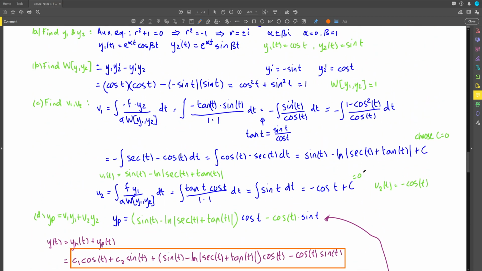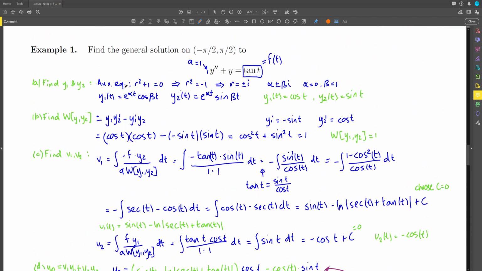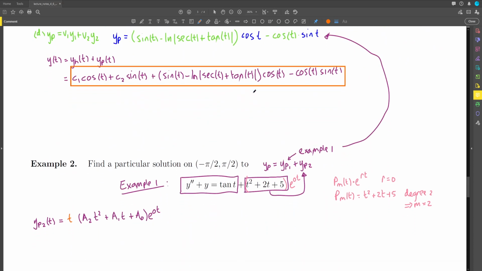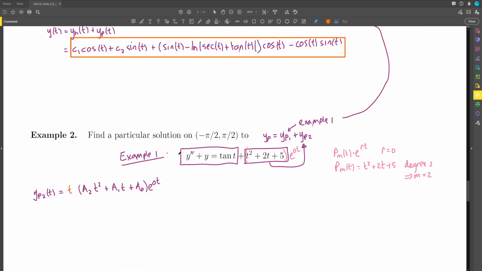The auxiliary equation we found in part A is r squared plus 1 equals 0, and the roots are plus or minus i. So r equals 0 is not a root of the auxiliary equation here, and we have t to the power 0. And so our particular solution simplifies to a2 t squared plus a1t plus a naught.